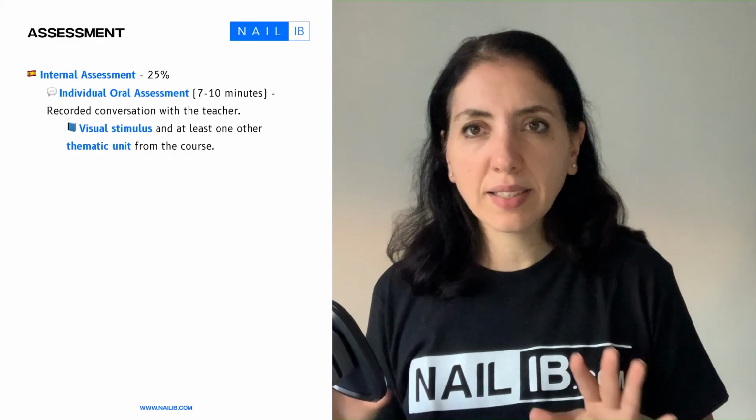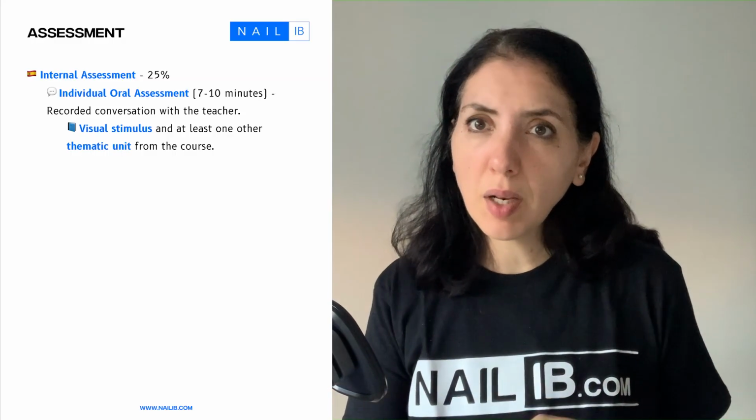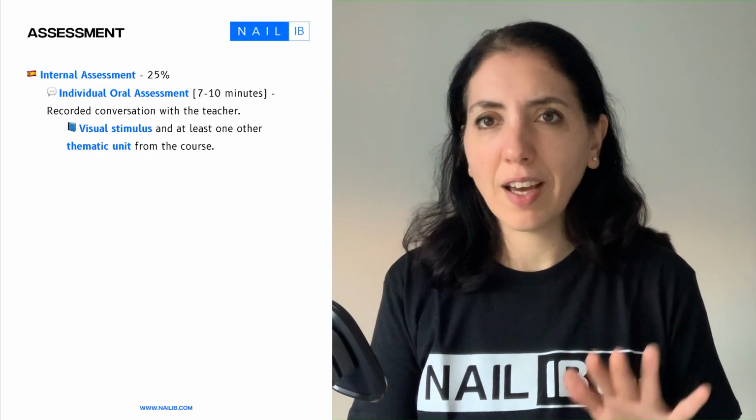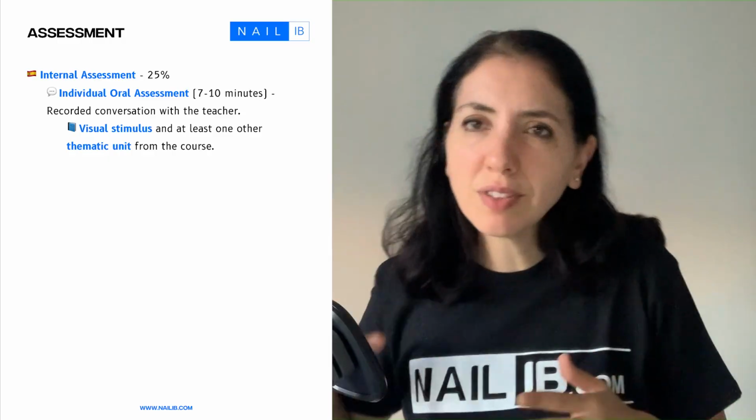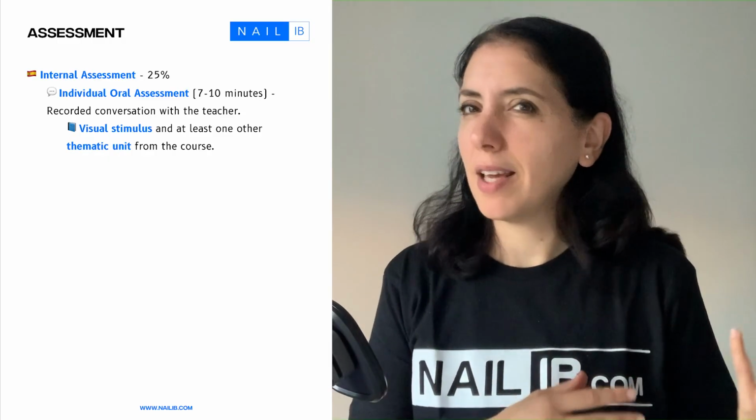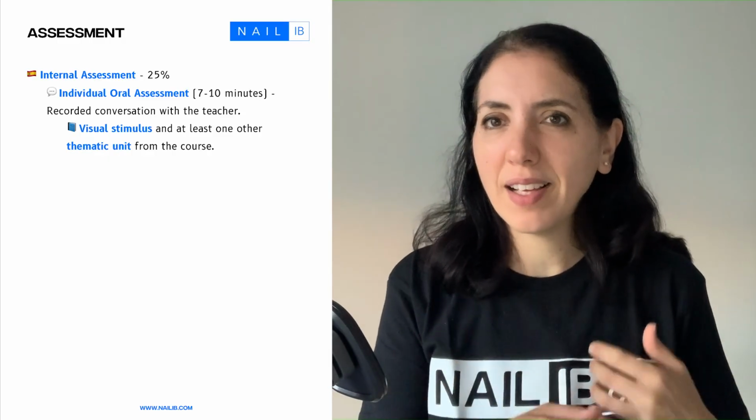What you're going to get is a set of visual stimuli. You're going to get a picture of, say, a guy next to a mountain, and you have to speak about experiences, holidays or what have you.